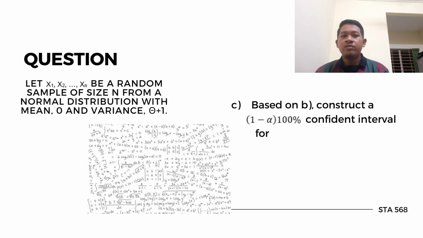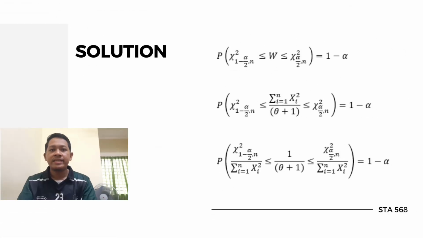Question C wants to construct a 1 minus alpha 100% confidence interval for theta based on the answer in question B. We know that the answer in B is chi-square n. Therefore, the solution is by using the estimation of variance theory.